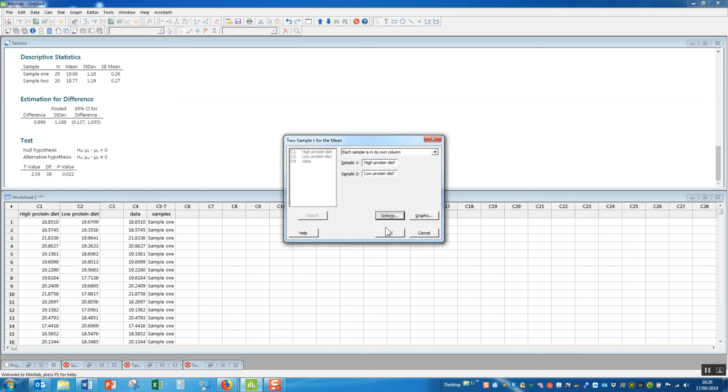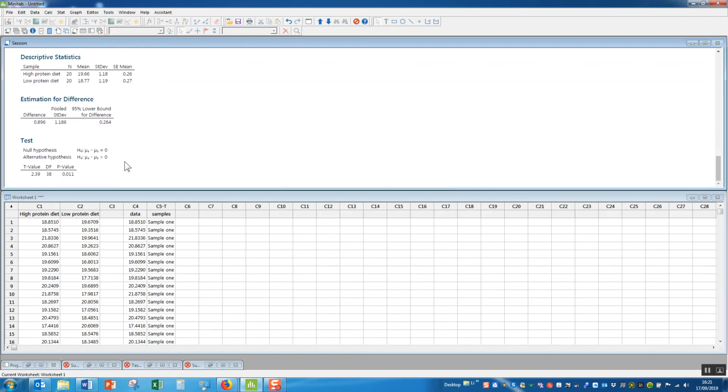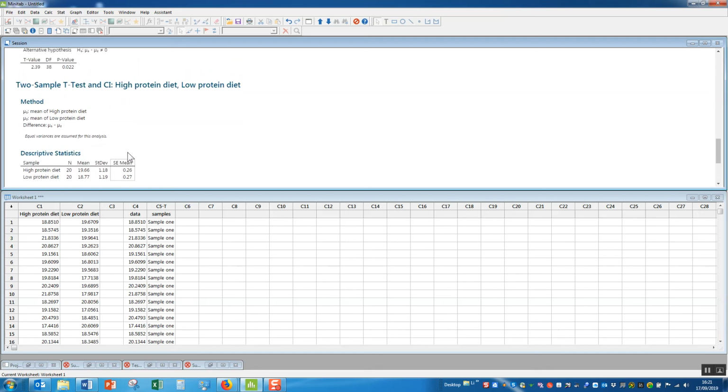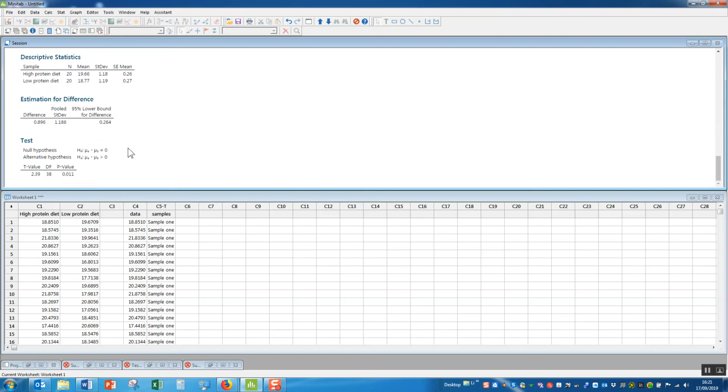So I'm going to see what the result comes out like, and we can see my p-value has gone down a little bit. Before, with a two-tailed alternative hypothesis, the p-value was 0.022. With a one-tailed alternative hypothesis, it's now 0.011.